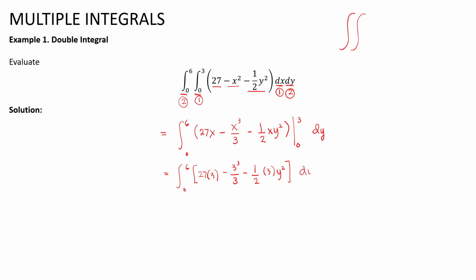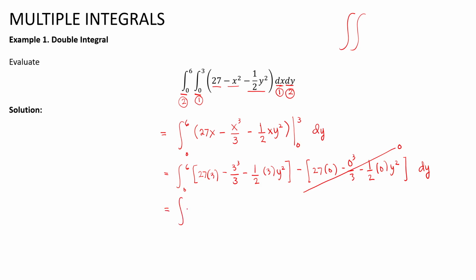This is dy. Or if you want to show your solution to make it clear in the exam, you can also show it as well. So 27 times 0 minus 0 cubed over 3 minus 1/2 times 0 times y squared. And then this is dy. So again, everything on the right hand side is equal to 0.